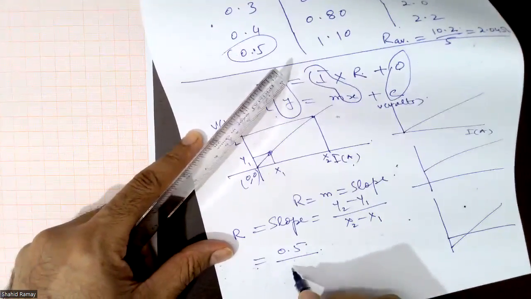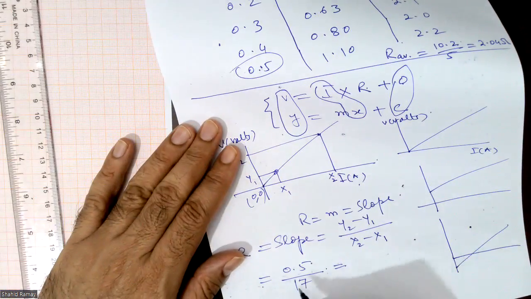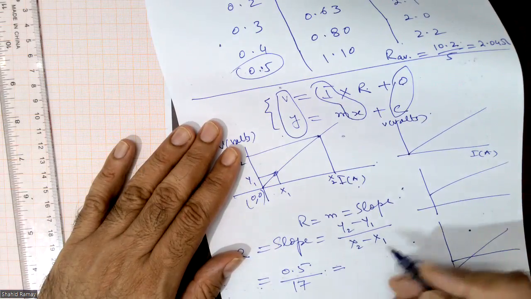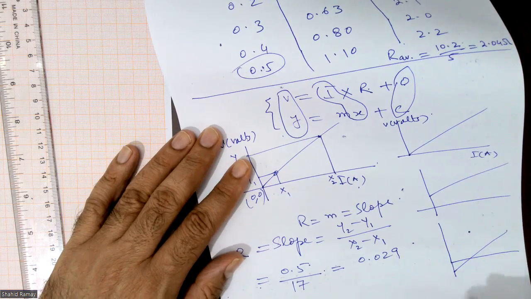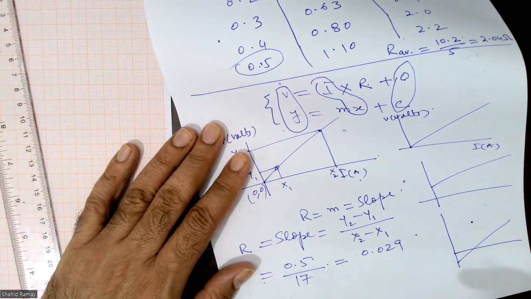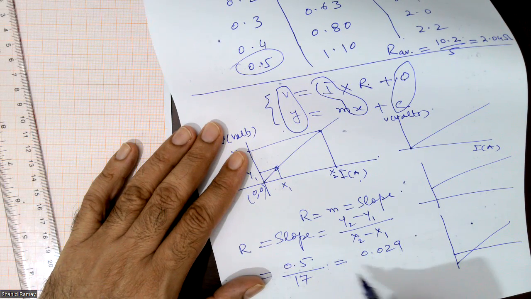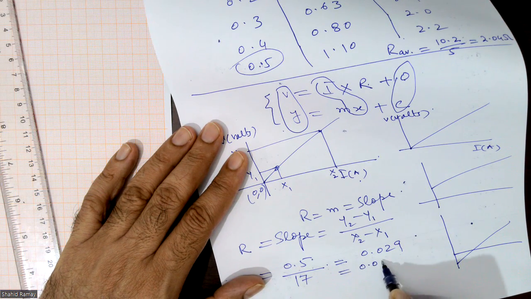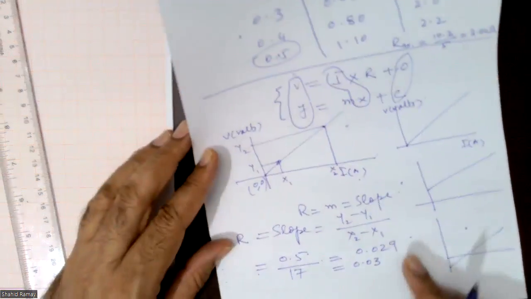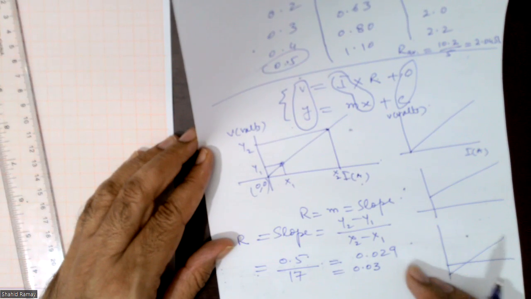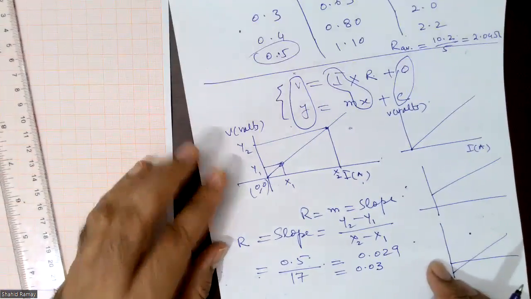So I write here 17 and then see the answer. If I divide it and calculate it, the answer is 0.029. You can check it by the calculator. So 0.029 means it's very close to 0.03. So for a close value, you should take more than this value, not smaller than this value. Okay, more than this value.